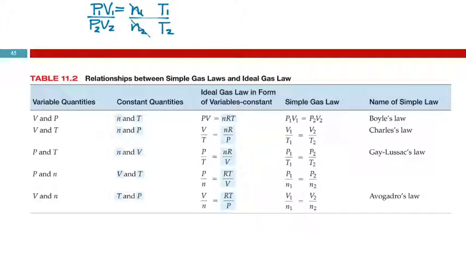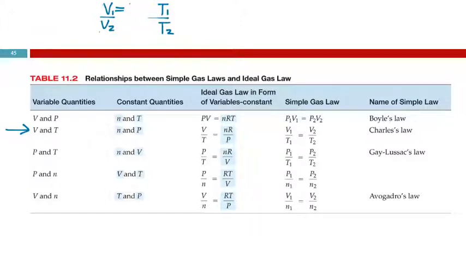Let's remind myself of what we're doing here. We're doing this one. So the n's cancel out, and the pressure is staying the same. So the pressure cancels out, because the initial pressure is the same as the final pressure. Do we know what it is? Not necessarily, but it didn't change. So anything divided by itself is 1, it cancels out. Is this showing us the relationship between all of them? I'm showing you how you can take the ideal gas law and get any of these from it.